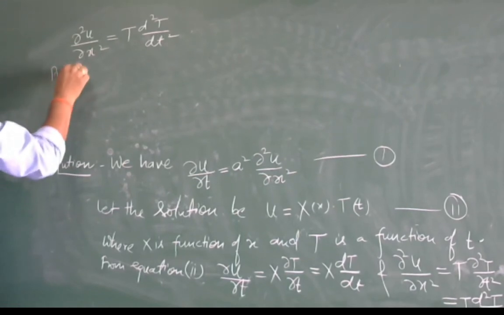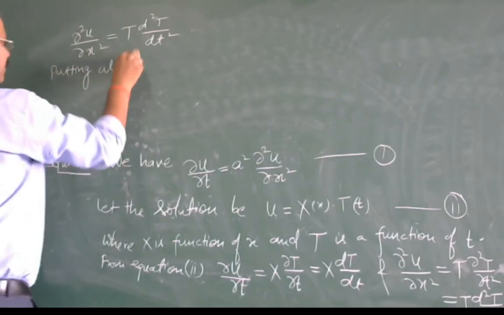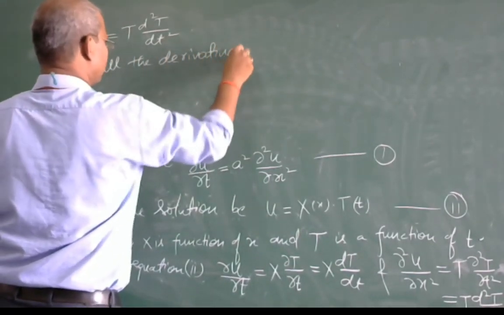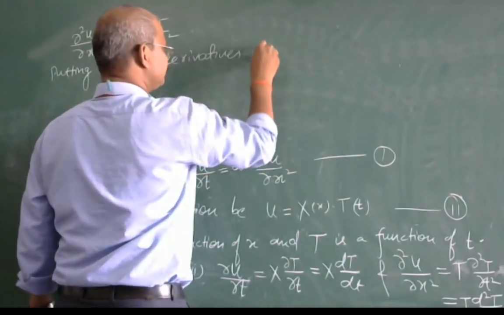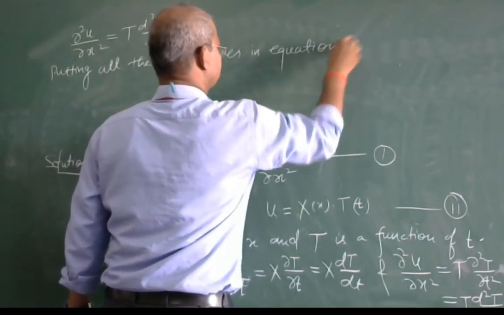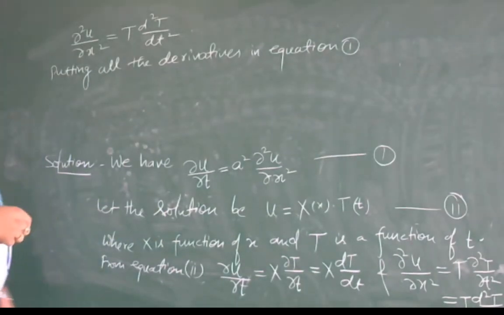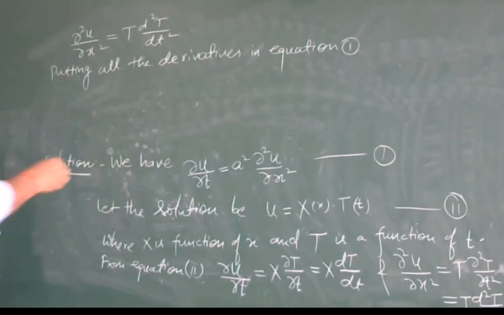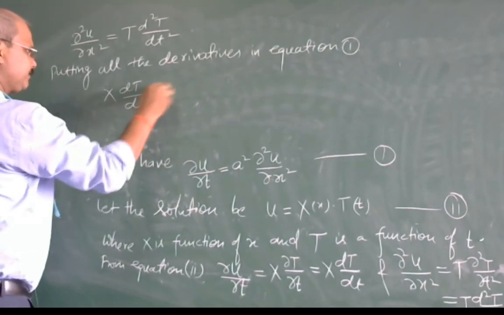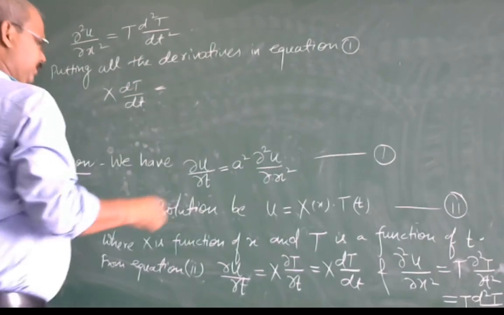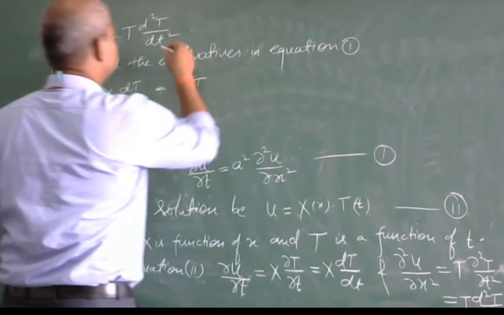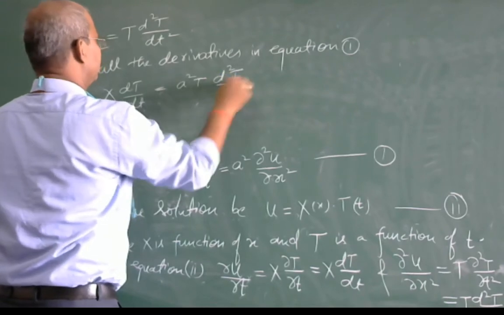Putting all the derivatives in equation 1, we get X dT by dt equal to a square T d2X upon dx square.